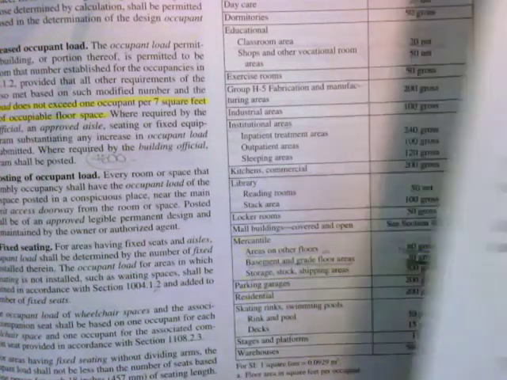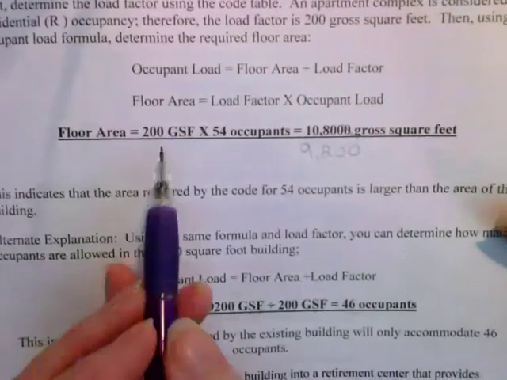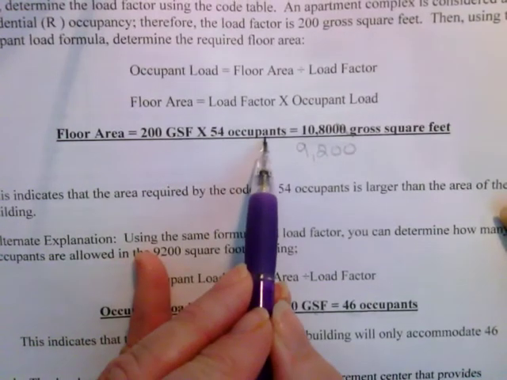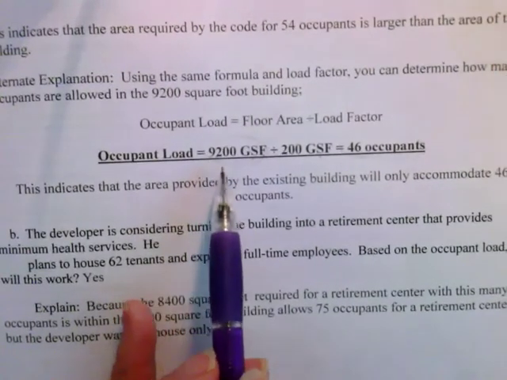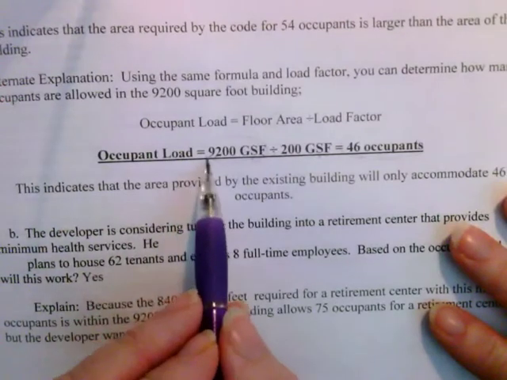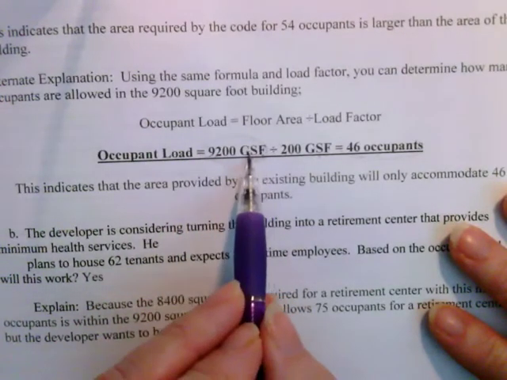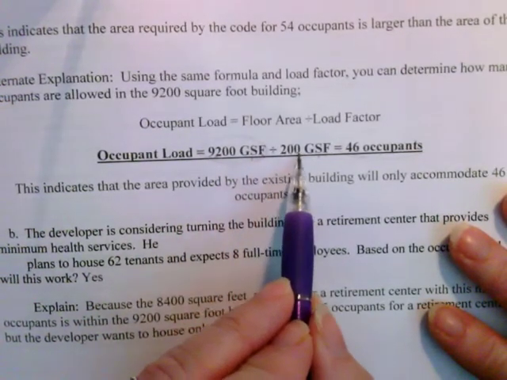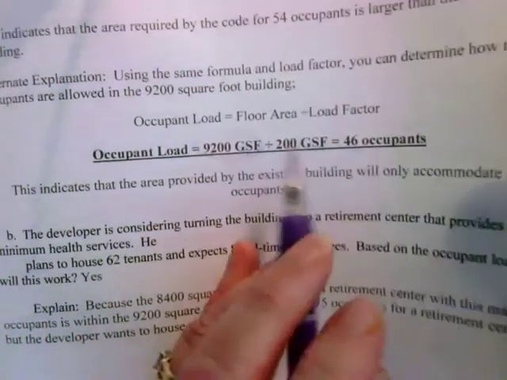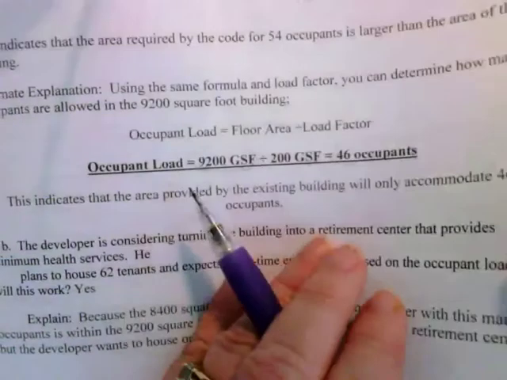And so then we could go back and do 200 gross square feet times 54 occupants. Okay, because he wants, let's back up. Sorry about that. So we could take the 200 gross square feet divided by the 200 gross square feet, because that's what we found in the table, 104.2.